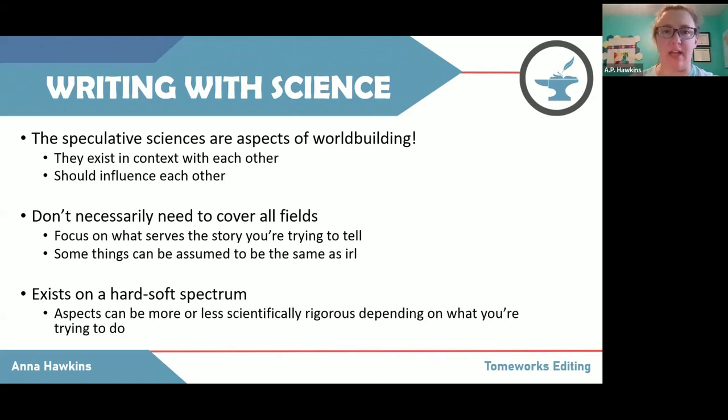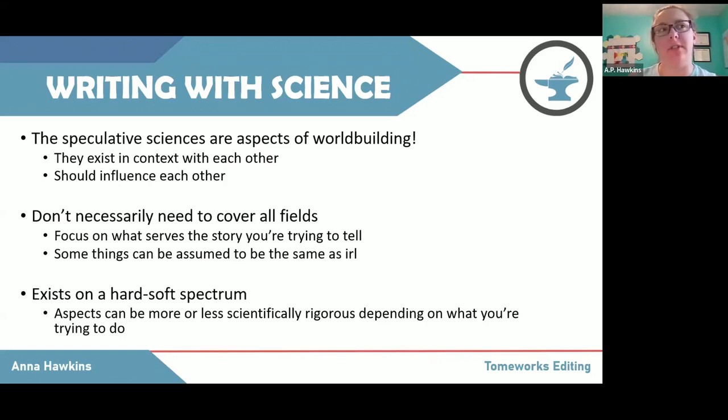But the speculative sciences are aspects of world building that, as you build your story, your invented worlds and characters, you have to consider to a greater or lesser extent as you're preparing to write your story. They do exist in context with each other, so they should influence each other.